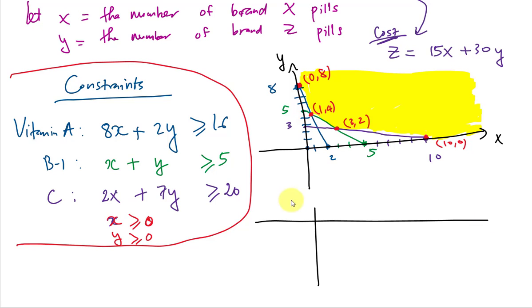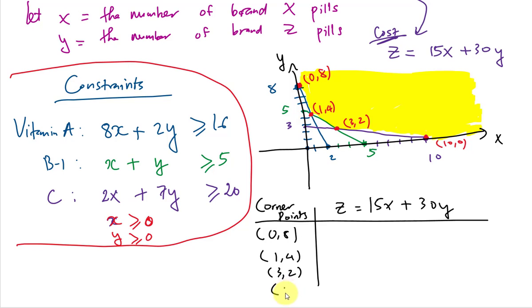I have the corner points, and I have my cost function that I'm looking to minimize. So that is 15x plus 30y. So we have 4 corners: 0, 8; 1, 4; 3, 2; and then 10, 0. So x and y. Okay.